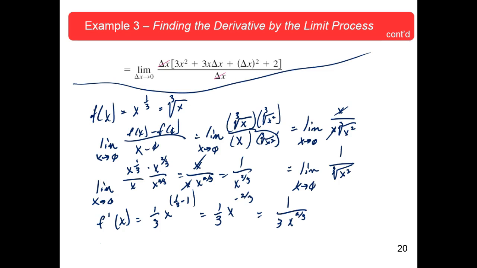I look at the book and they get the same thing, and that's really puzzling to me. Oh wait, no, I got the wrong one.